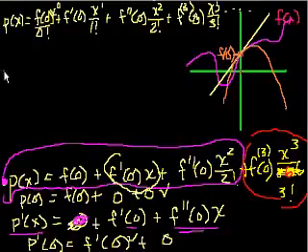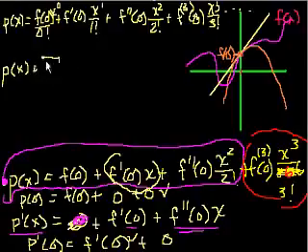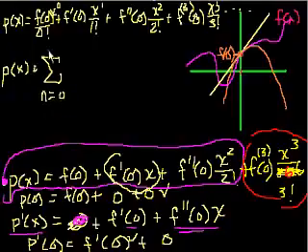So we are going to define this polynomial, p of x, to be the infinite sum. Let's start with n is equal to 0, and we're going to go to infinity. And what is each term?